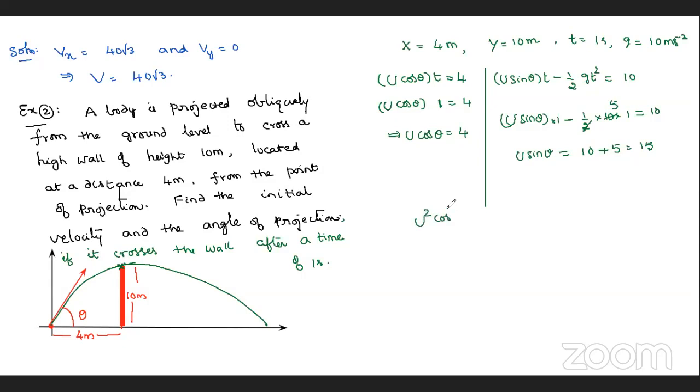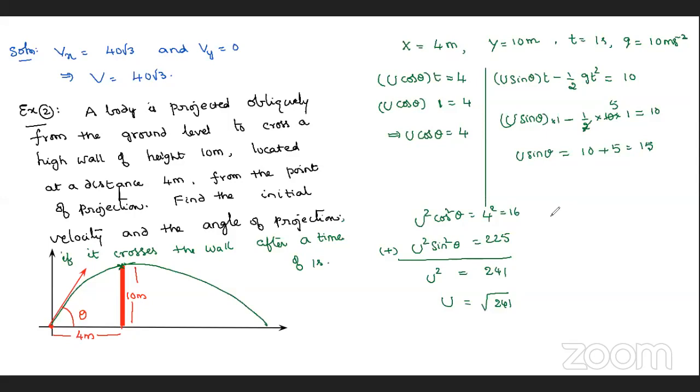U square cos square theta equals 16, and u square sine square theta equals 225. Adding these two, you get u square into sine square theta plus cos square theta, which is 1, equals 225 plus 16, which is 241. So u equals root 241.